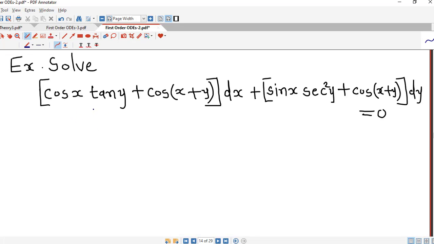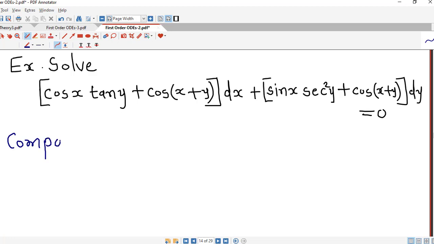Solve: cos x tan y plus cos of (x plus y) dx plus sin x sec square y plus cosine of (x plus y) dy equal to 0. This equation is already in the form M dx plus N dy equal to 0.